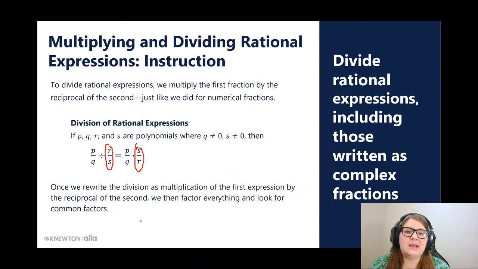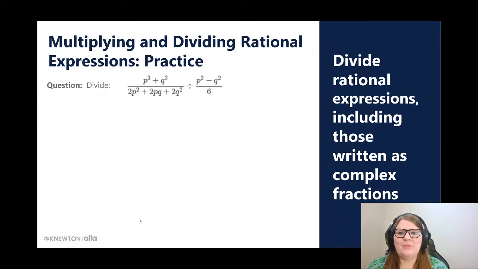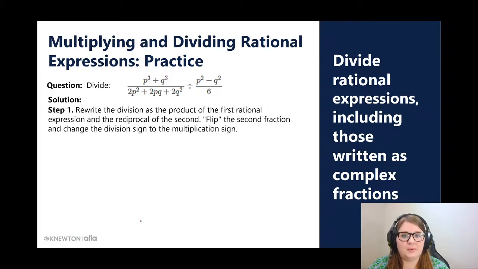Now, fractions, again, or rational expressions, are treated the same way as fractions. So when we take a look at something like this, p cubed plus q cubed over 2p squared plus 2pq, sorry, plus 2q squared, divided by p squared minus q squared over 6, what we're really going to do is change this to a multiplication problem.